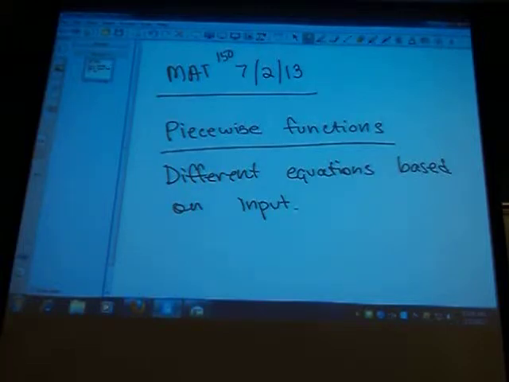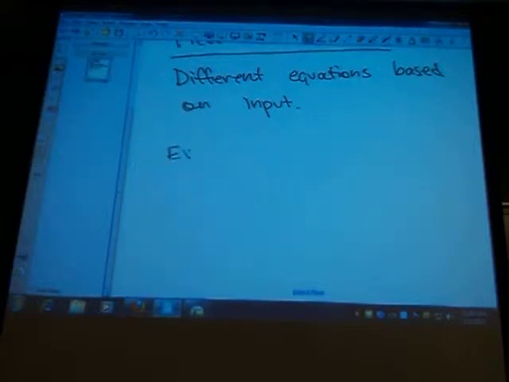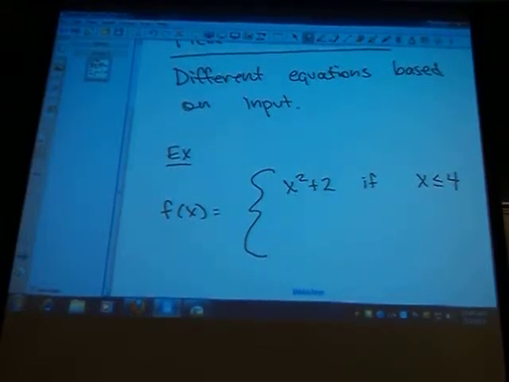First of all, let's figure out what these look like. You might say x squared plus 2 if x is less than or equal to 4, or negative 2x plus 5 if x is greater than 4.